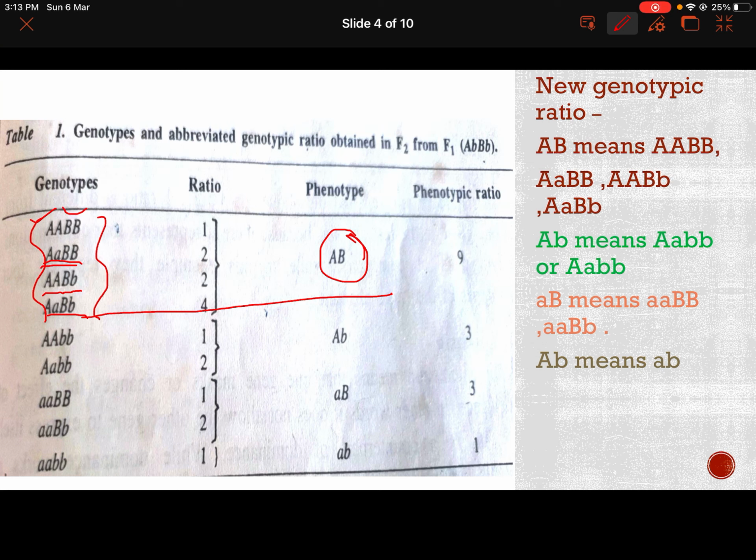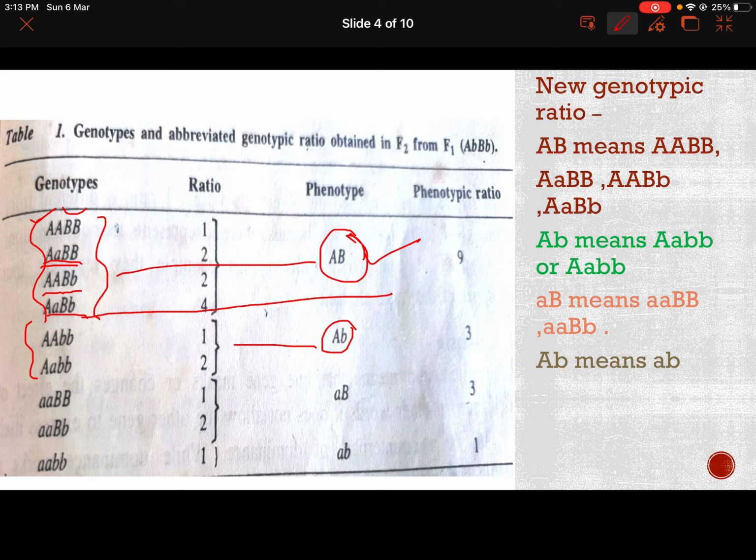The phenotype will be AB. For these examples, the phenotype will be of this type when one dominant gene is present but the other dominant is absent, which we saw in my previous slide.